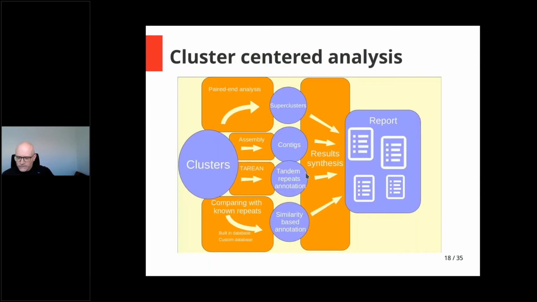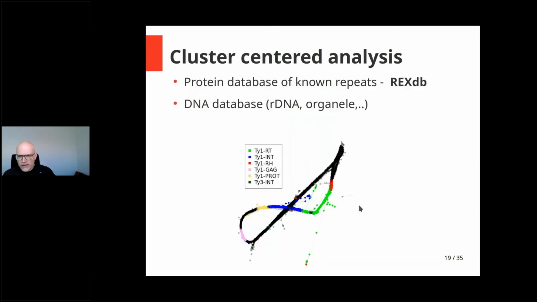And this analysis in RepeatExplorer is so-called cluster-centered because we are trying to gather as much information as possible about the individual clusters. One way we do this is, again, we use graph representation of the clusters. So this is a so-called assembly graph, which corresponds to an overlap layout assembly graph.